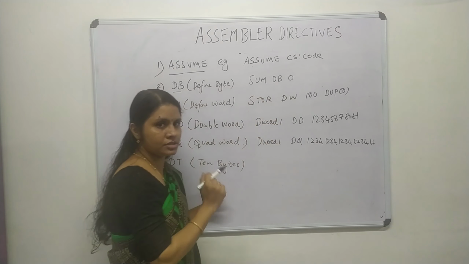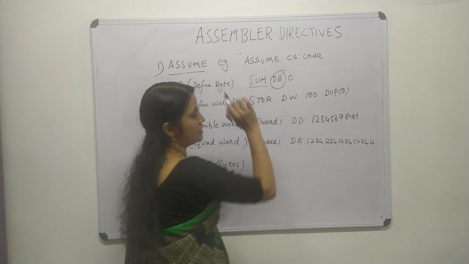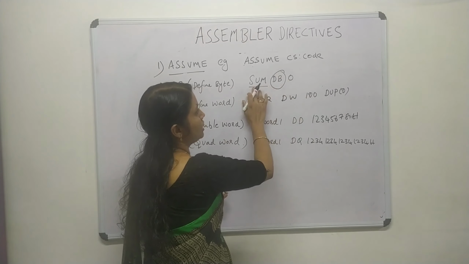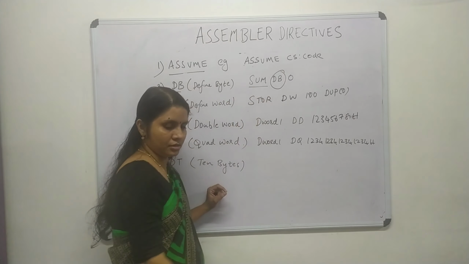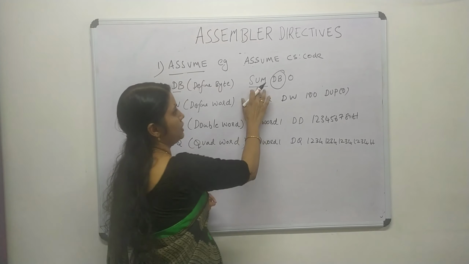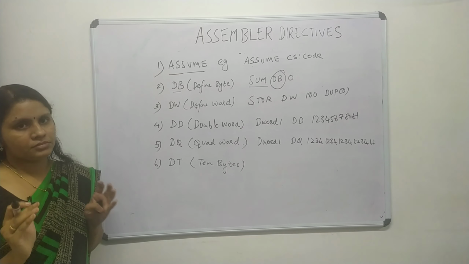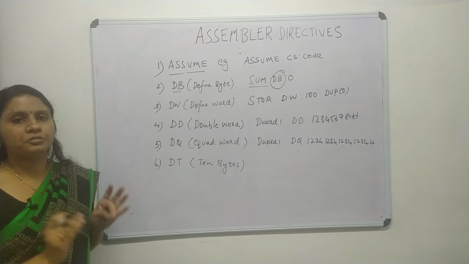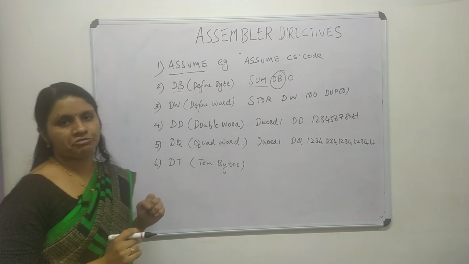This is the variable name, this is the assembler directive used, and this is the value of the variable. So it will define 1 byte of memory. That's it, DB, define byte.